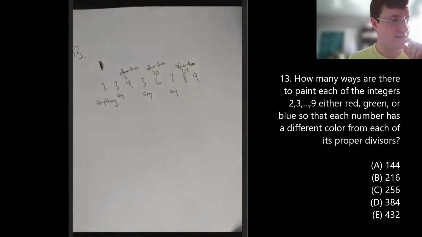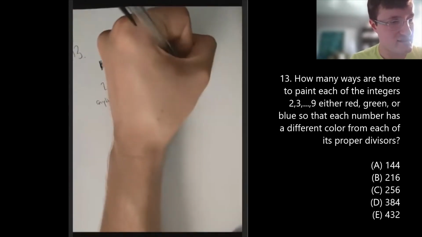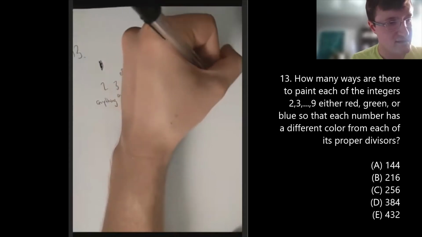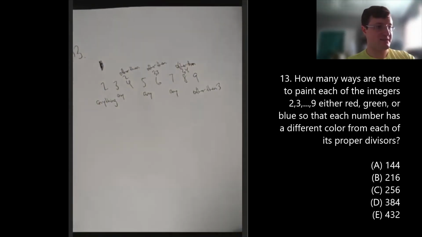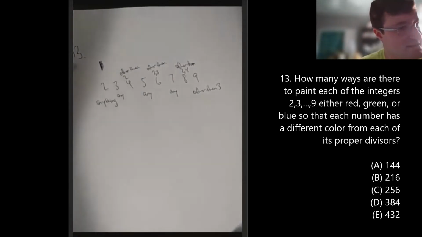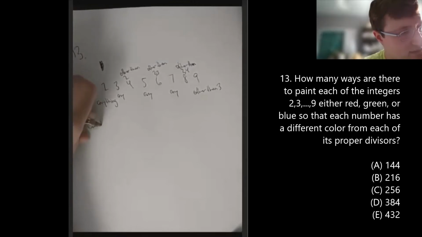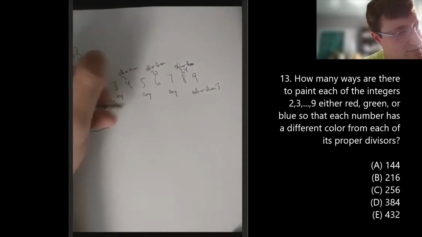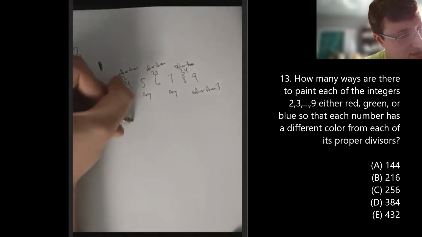Okay. And 9 has to be something other than 3. Okay, so I think we need to do casework on the colors of 2 and 3. Okay, so case 1, let's say 2 and 3 are the same color.